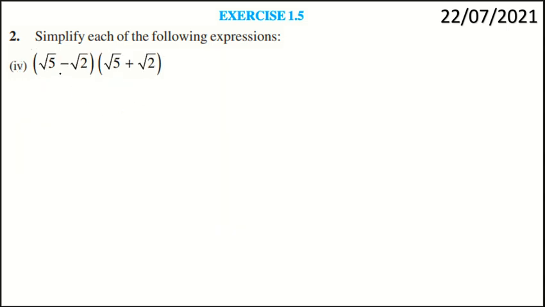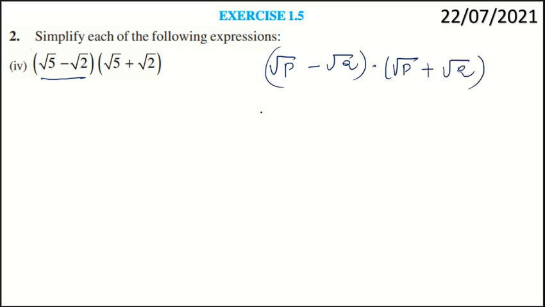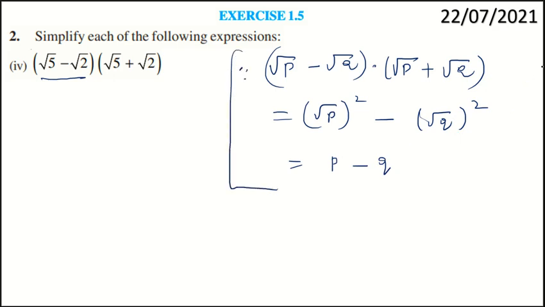In this fourth sub question, again same, root p minus root q multiplied with root p plus root q gives you root p whole square minus root q whole square, where root p whole square is p and root q whole square is q. So using this identity we will do it. So here root p is root 5, root q is root 2.